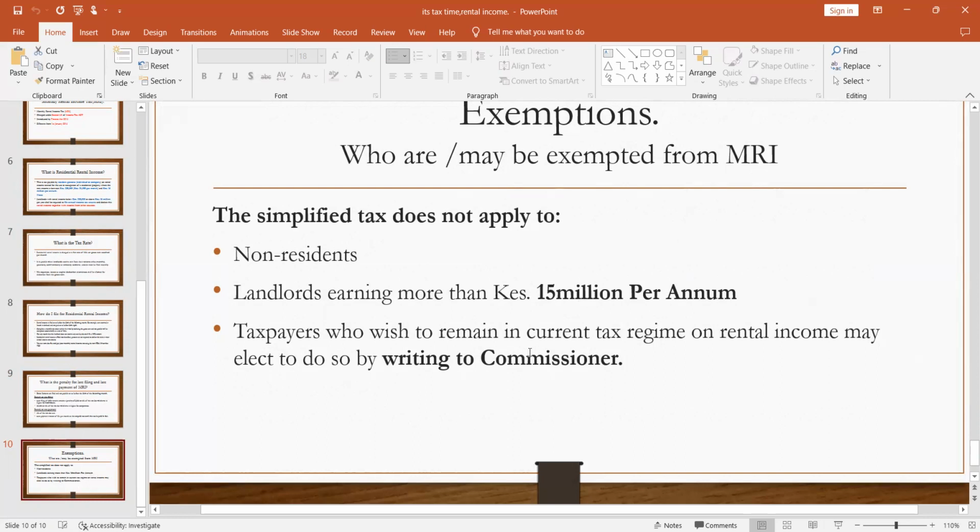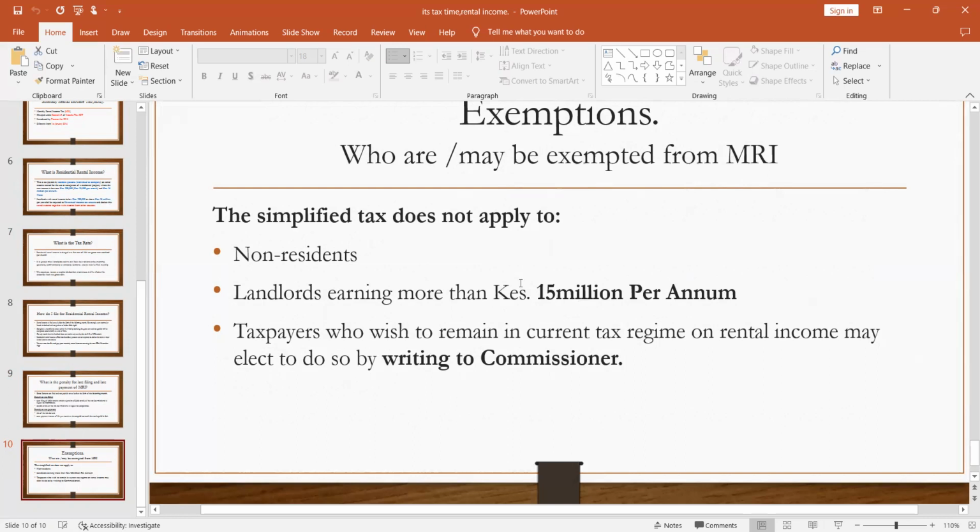Taxpayers who wish to remain in the current tax regime on rental income may elect to do so by writing to the commissioner.